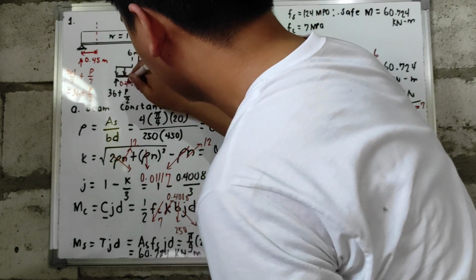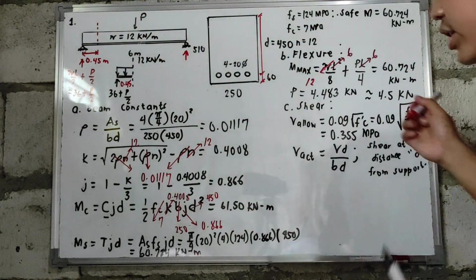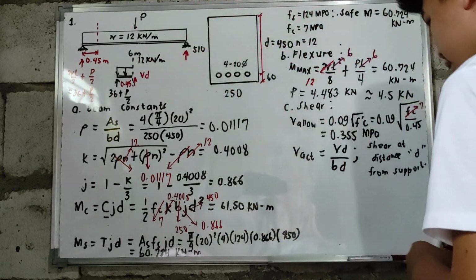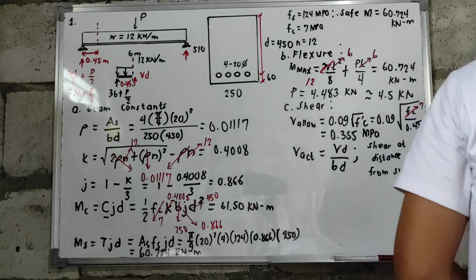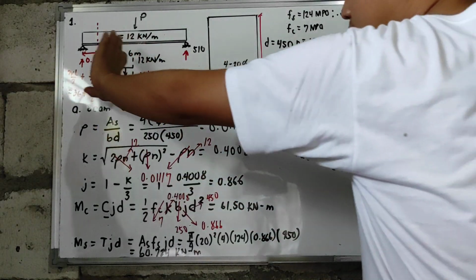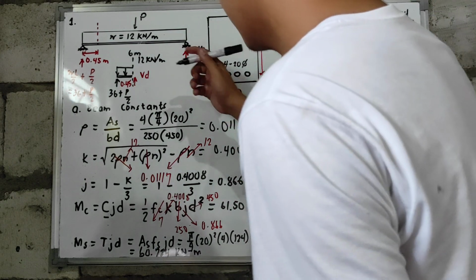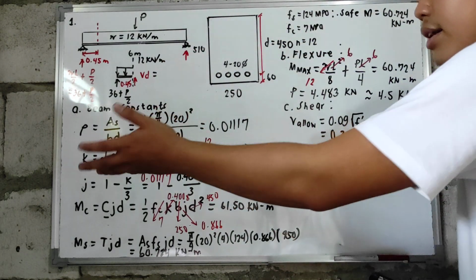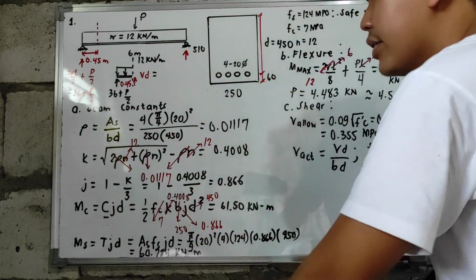meter. So, ngayon, yung tanong dito is, what is the value ng VD natin? So, yung value ng VD natin, since we're going to consider yung left segment, kapag left segment, upward positive, downward negative.